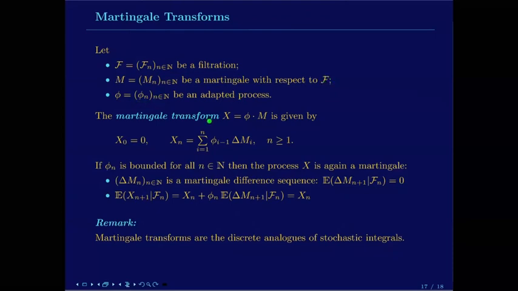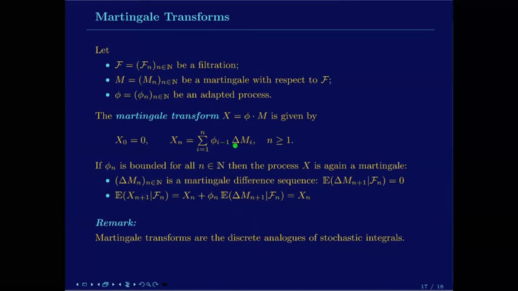Then a martingale transform, denoted as, say, X equals phi dot M, is simply taking the martingale difference sequence obtained from the martingale M and multiplying, for each time i, by our adapted process at the earlier point in time.